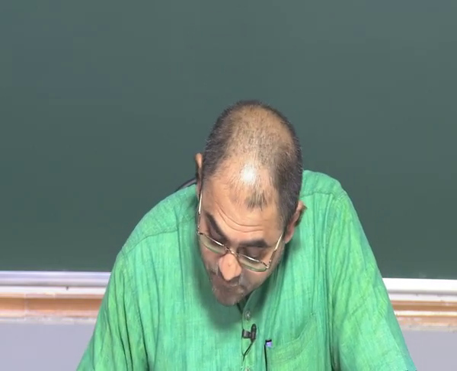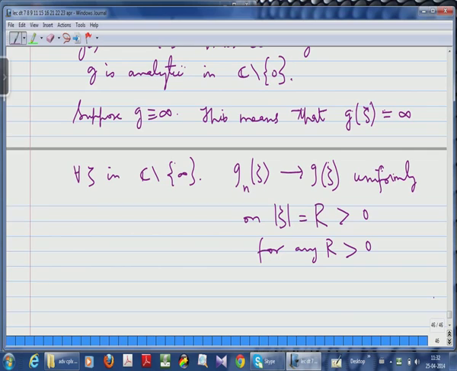But of course what is G of zeta? G of zeta is infinity if G is identically infinity. And what does uniform convergence mean? It means that all the G_n's will come to within an epsilon of G of zeta if you take n sufficiently large, irrespective of zeta. But of course you want to come to within an epsilon of infinity, so you will have to be careful and use a spherical metric.